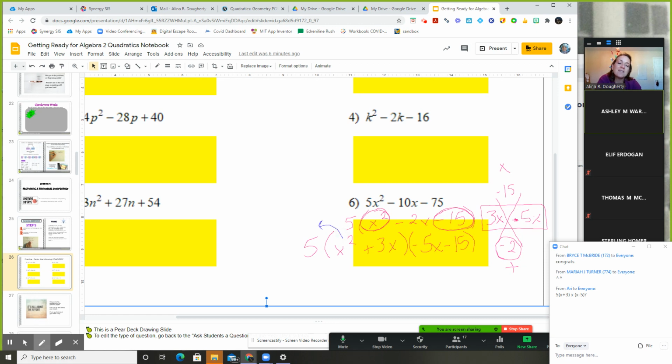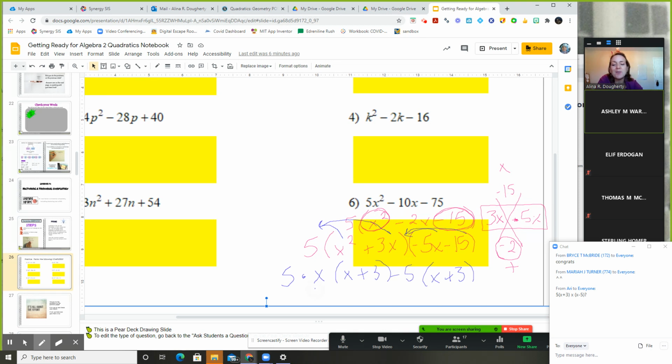Now we got to take out greatest common factors. So what goes out? What can I divide both x squared and 3x by? X. And I'm left with x plus 3. And then what can I take out over on this side so I still end up with x plus 3? 5. What kind of 5? -5.